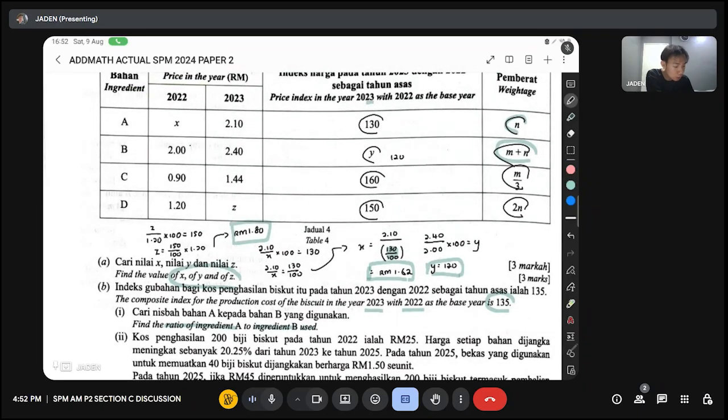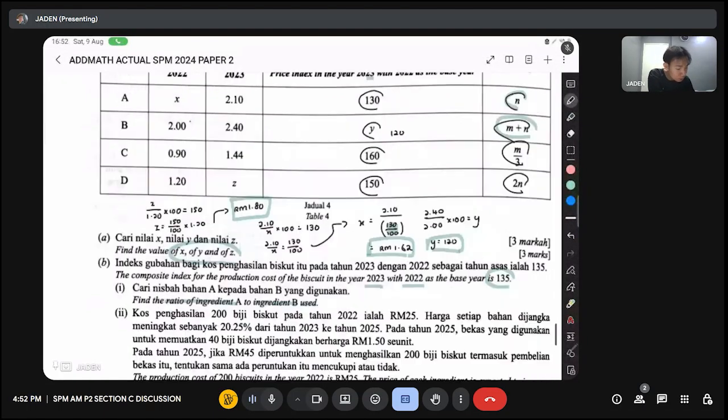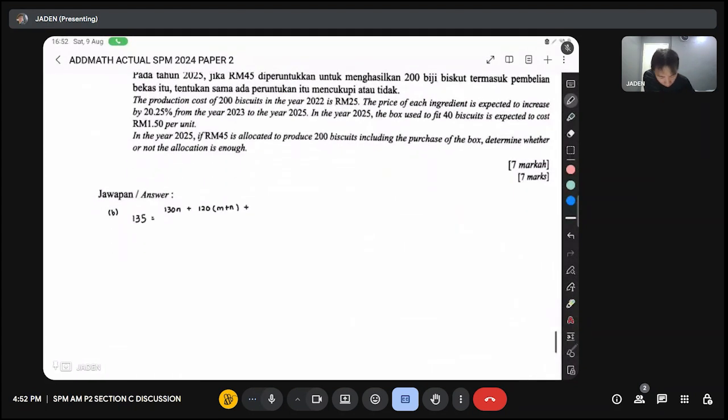So 120 times n plus n. You can write it this way. Okay, and then we also have 160 times m over 3 and 150 times 2n. Okay, let us write that down. 160 times m over 3 plus one more, which is 150 times 2n. Okay, and then divided by everything that involves the weightage.